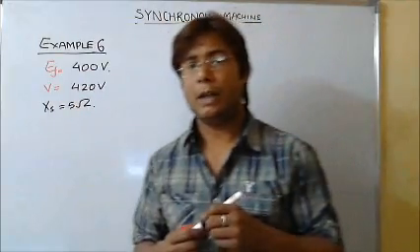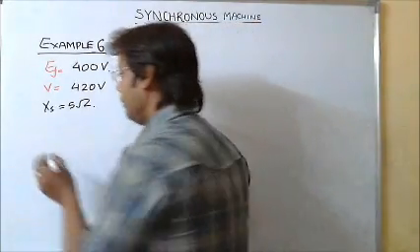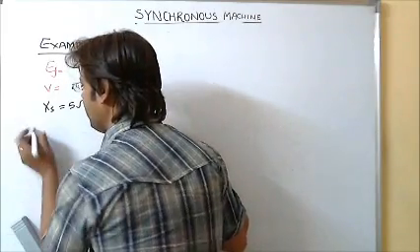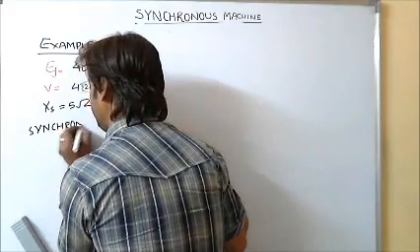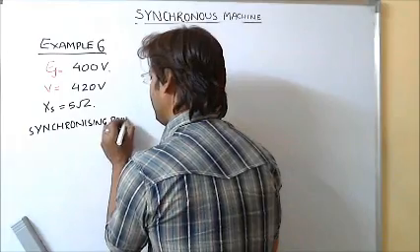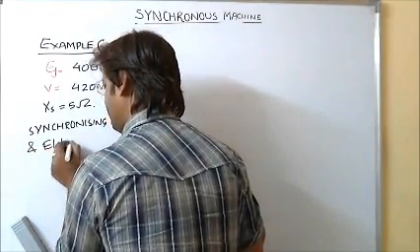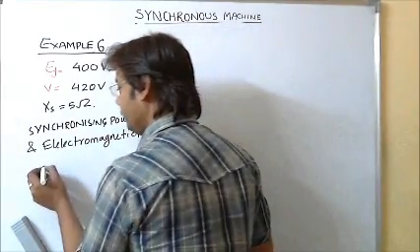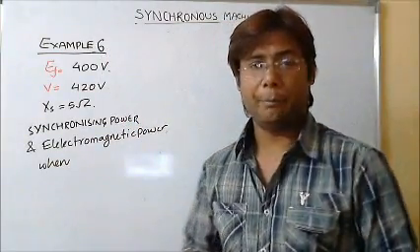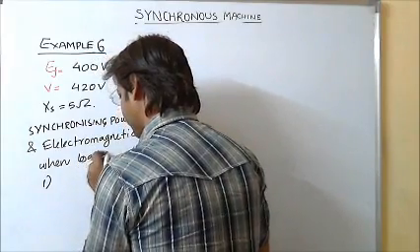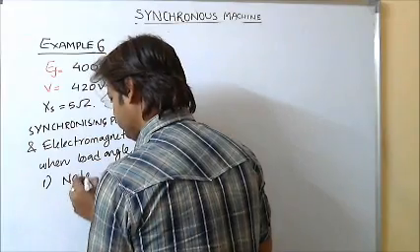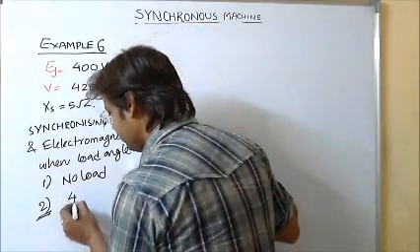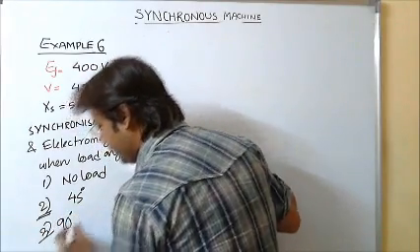We have to find the synchronizing power and the electromagnetic power when the load angle delta is, first, no load, second, at 45 degrees, and lastly at 90 degrees.